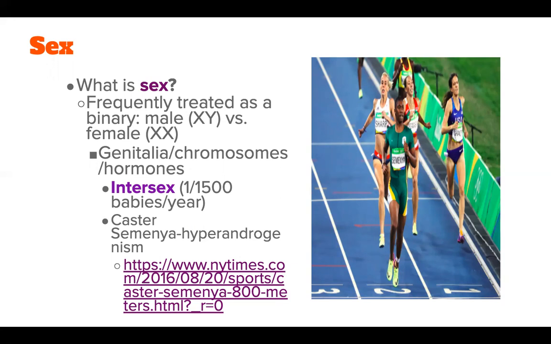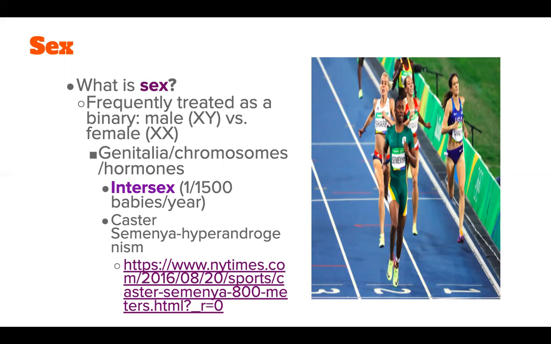But there are people who are born that deviate from this shared grouping of qualities. And we refer to those people as being intersex. It's roughly about 1 out of every 1,500 babies a year.